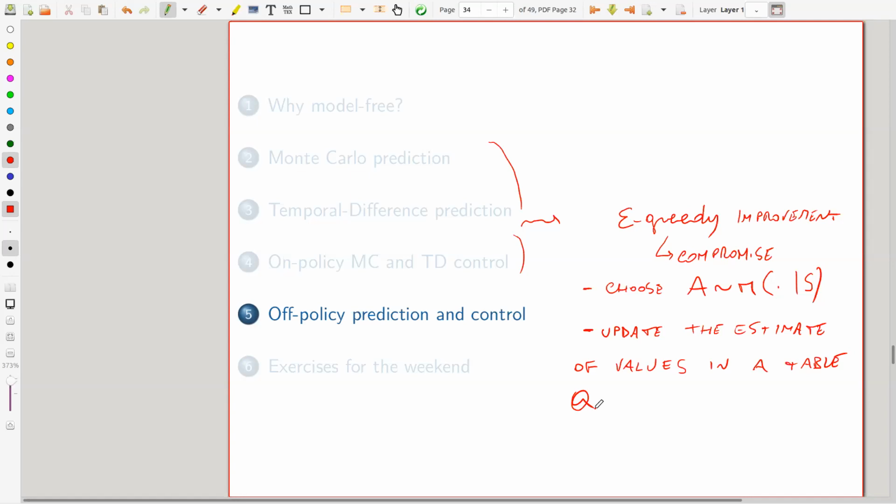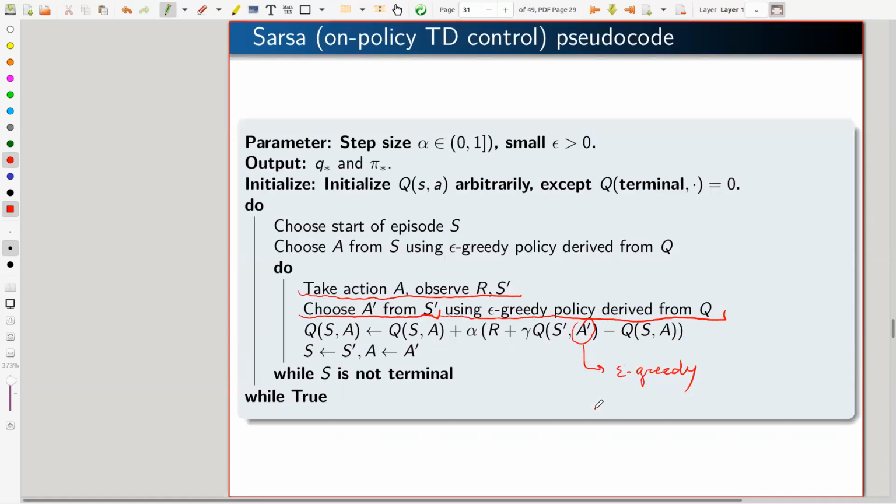For instance, I can show you the pseudocode here. You see, here I'm choosing the action A, sorry, take action here. I'm choosing the action A using a policy. Okay, the fact that the policy is derived from Q doesn't matter for the moment, but I'm choosing this using a policy. And then in this update rule, I'm updating Q. So in some sense, this is the rule for choosing the actions.